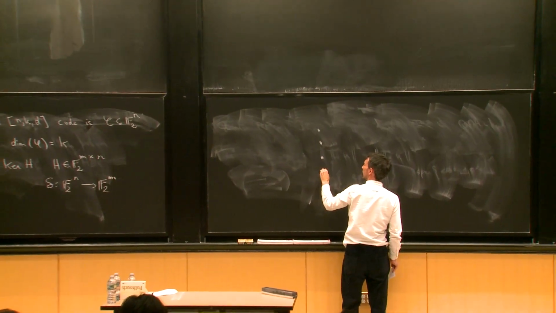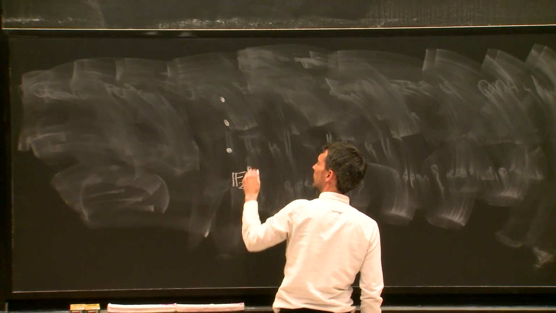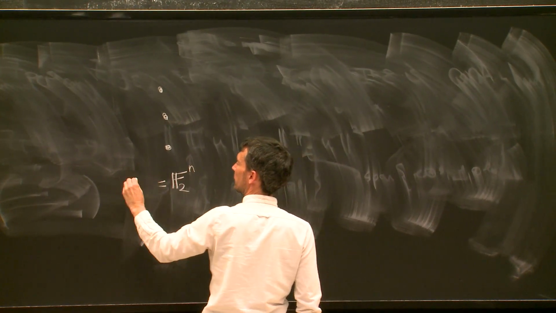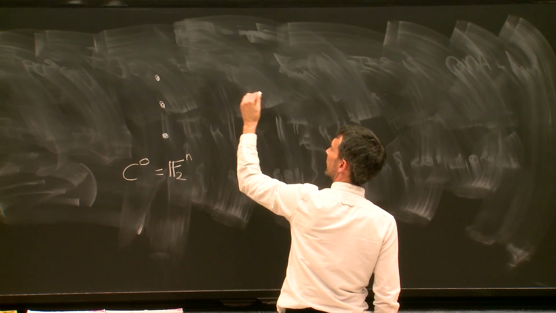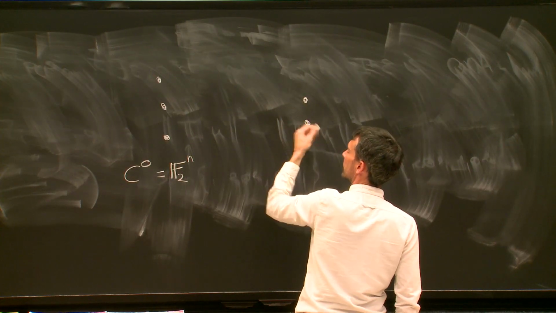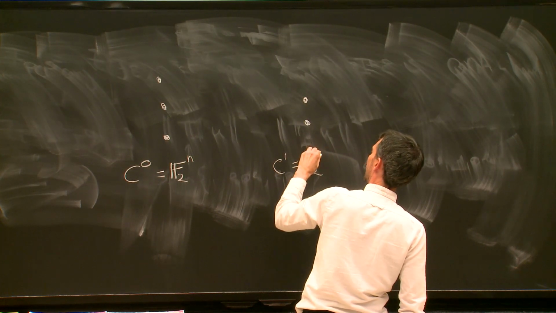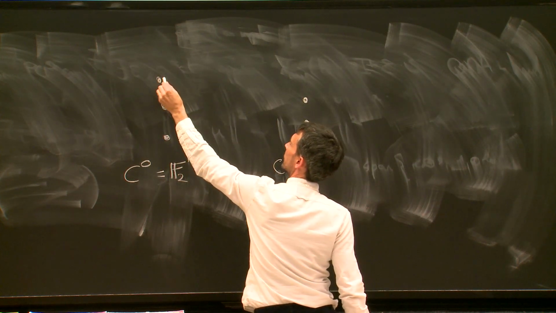This is a way of representing the space F2 to the n, where n is equal to 3. I will call this space C0. And I can represent the parity checks here. Let's say there are 2 parity checks. I will call the space of the parity checks F2 to the m, it's C1, and the parity checks, I represent them like this.